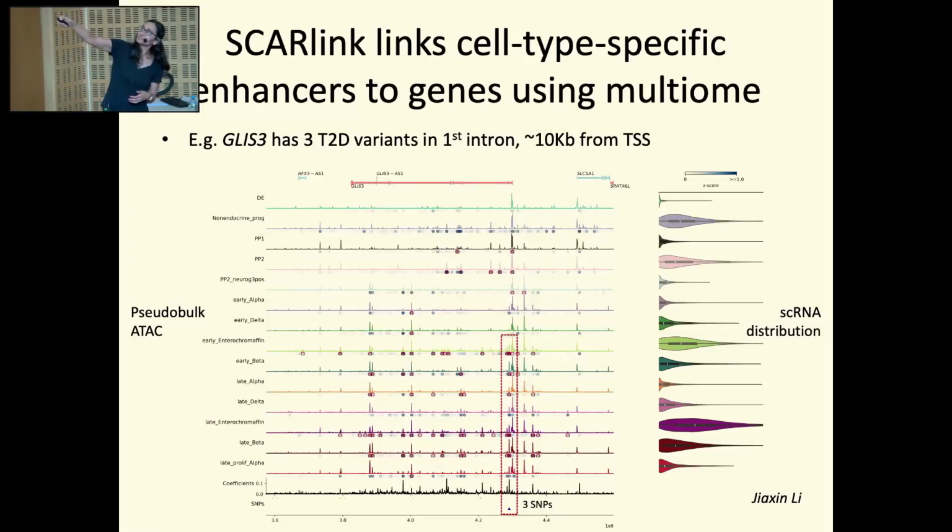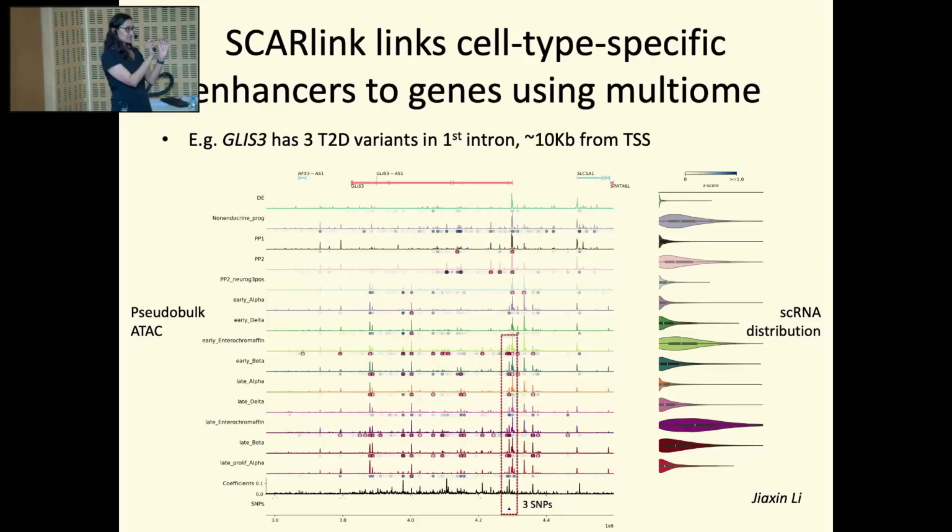And then we have these flanking regions. And what I'm showing is, so this is a single cell model, but I'm showing the pseudobulk ATAC over different cell types and also the distribution of expression over those different cell types, okay? And I don't know if you can see it, but these dots with red circles come from Shapley value analysis.